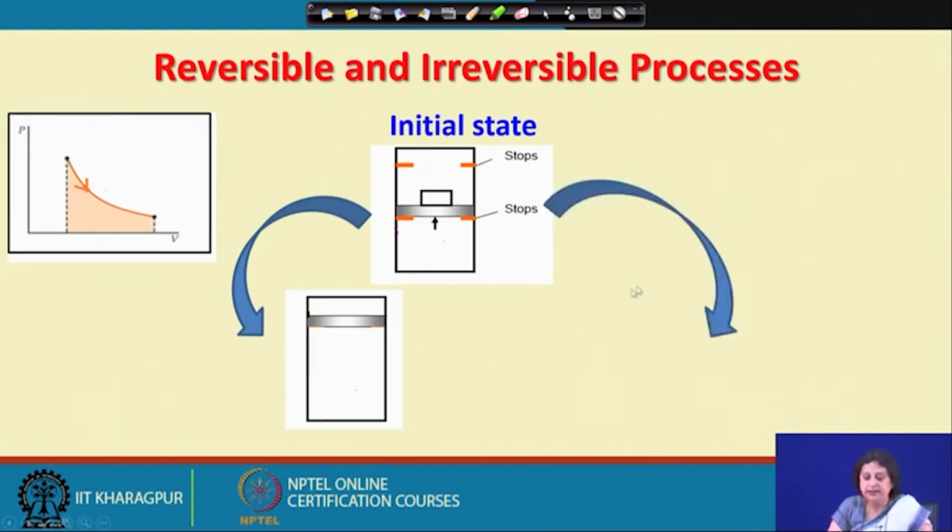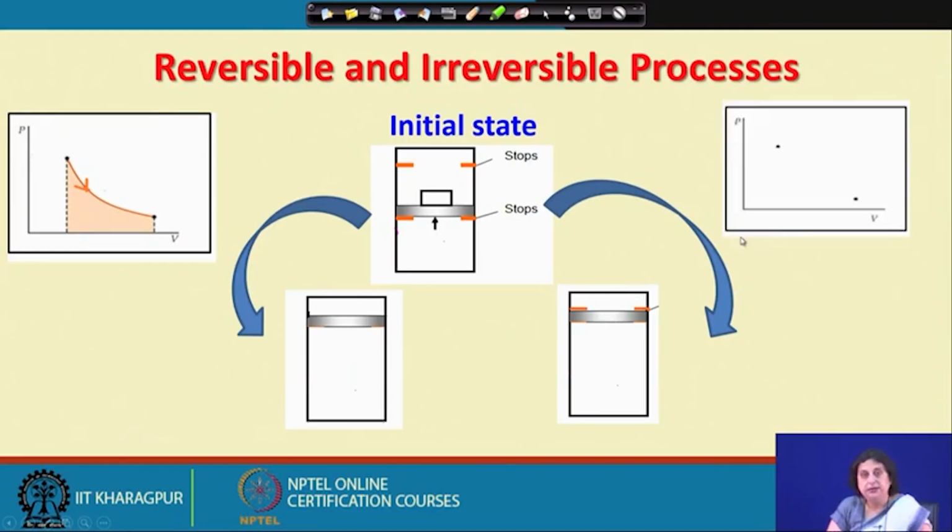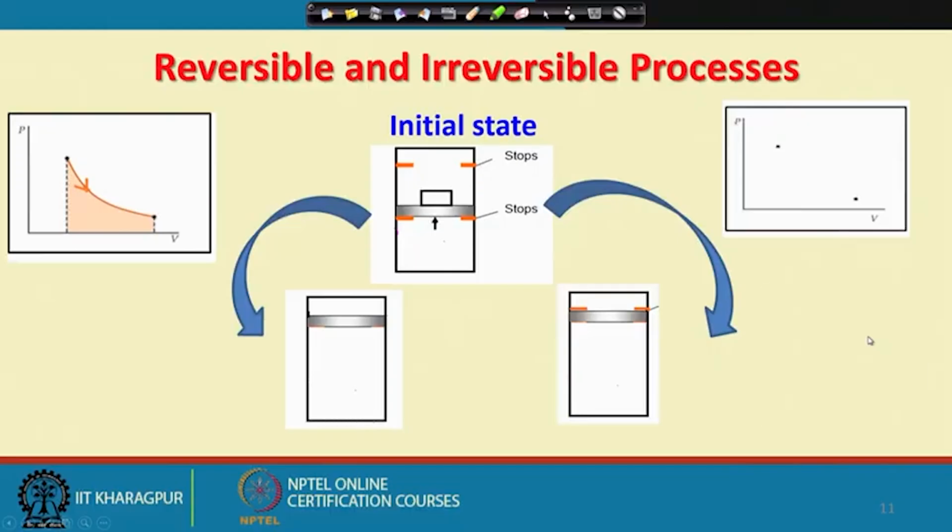But on the other hand, if I carried out this process very, very fast, I would have reached some other final state, but in this case it would be an irreversible change where the initial and the final states are the only two equilibrium states that I talk about. I did not allow the system enough time to equilibrate with its surroundings.